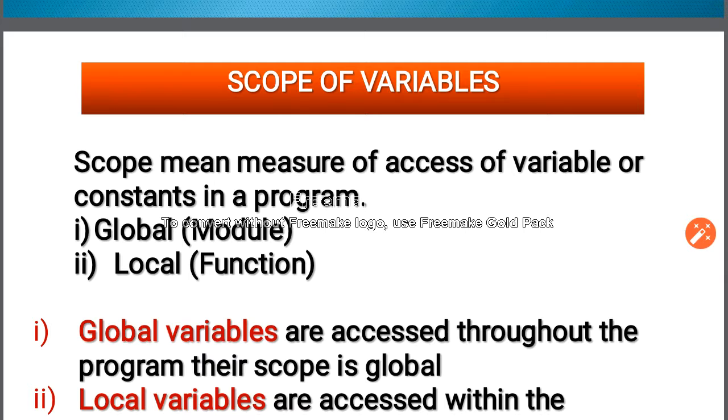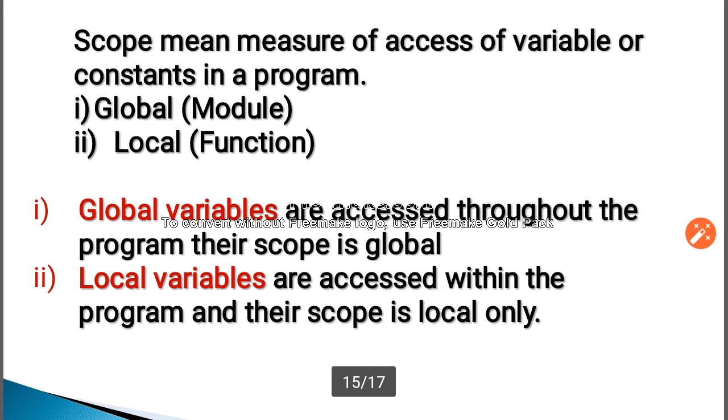It has two different types, one is global, another is local. Global variables are accessed throughout the program, their scope is global. And local variables are accessed only within the function, and the scope is local only.